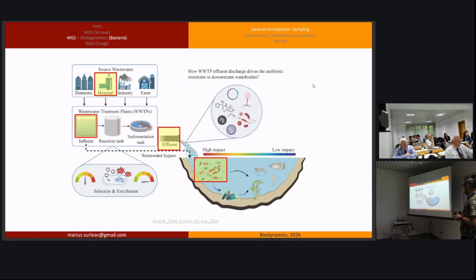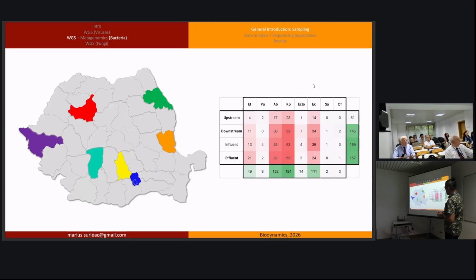The data that we have is isolated from hospitals, from wastewater treatment plants, from the influent and the effluent from the wastewater treatment plants, and also from the surface waters that are in the proximity of these treatment plants. And these are the cities in Romania that we surveyed so far, but we also intend to cover more ground in the country.